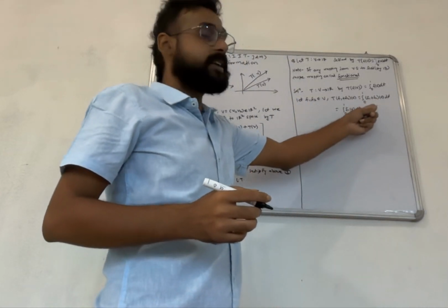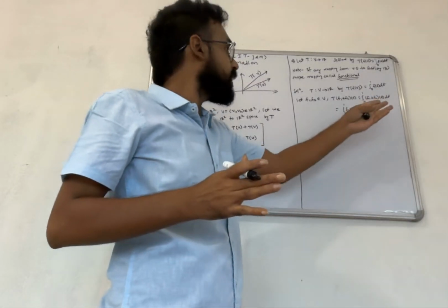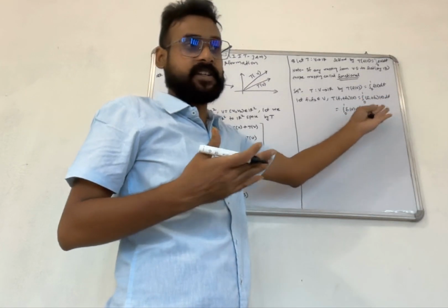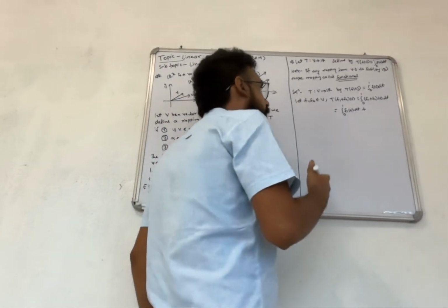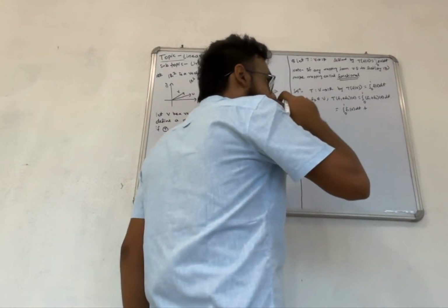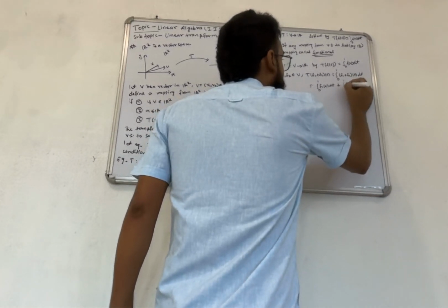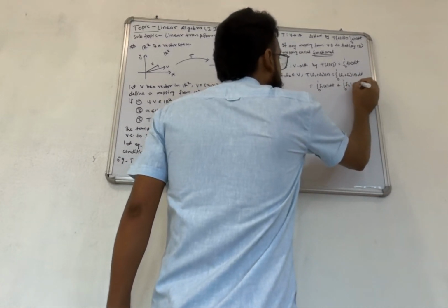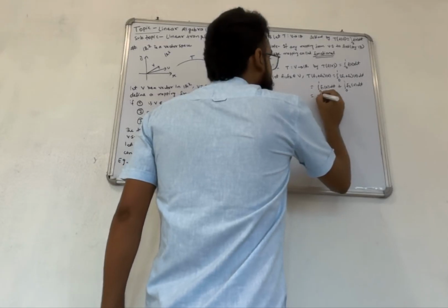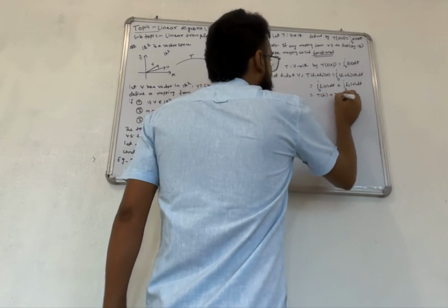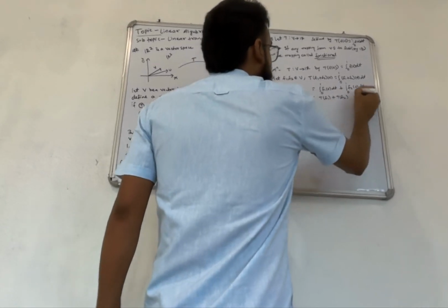Why can we write this? Because we know integration satisfies the linear property. So this equals T of f1 plus T of f2. Okay, so the first condition is satisfied.